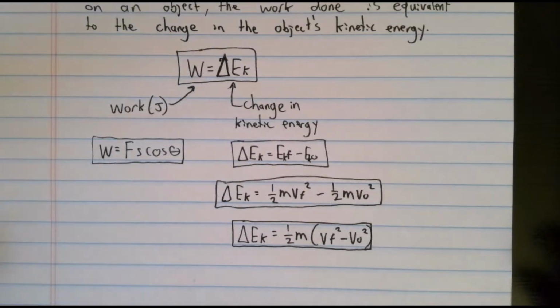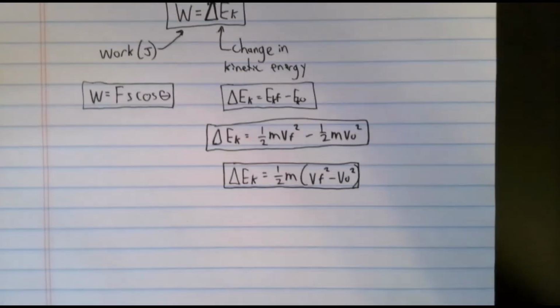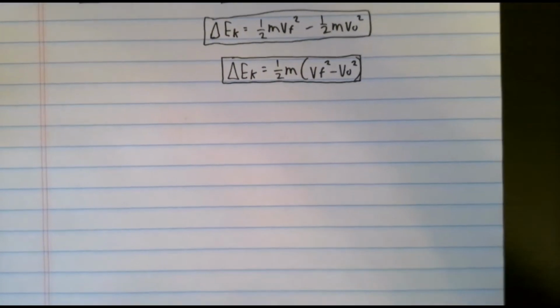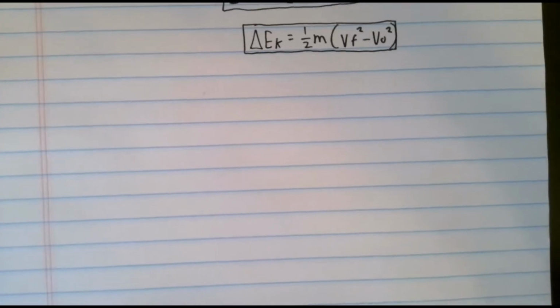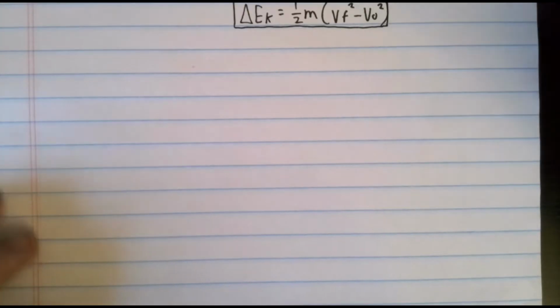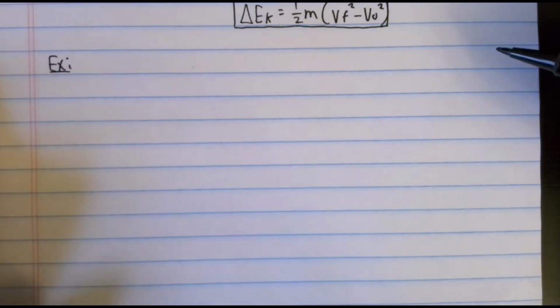Here's our first example. It'll be about half a page, so if you filled up most of yours, you might want to go on to the next. The prompt says, calculate final speed of a space probe.